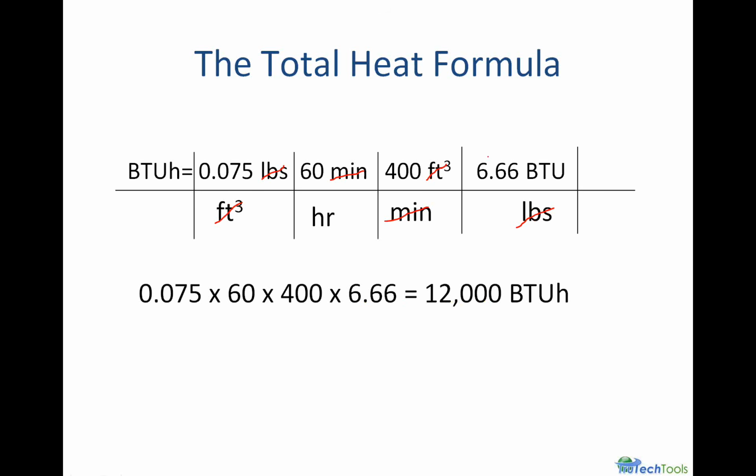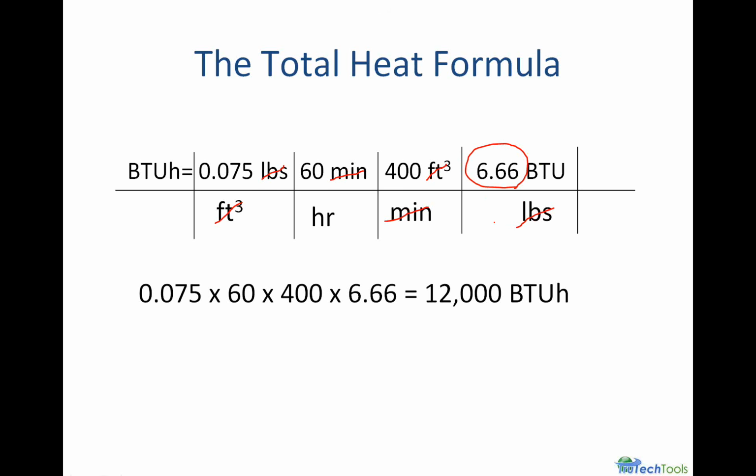Now, this number here, this 6.66, if we have a nominal 400 CFM per ton, that number will always be 6.66. That's a typical change in enthalpy. It's engineered in every single coil to make it operate correctly.